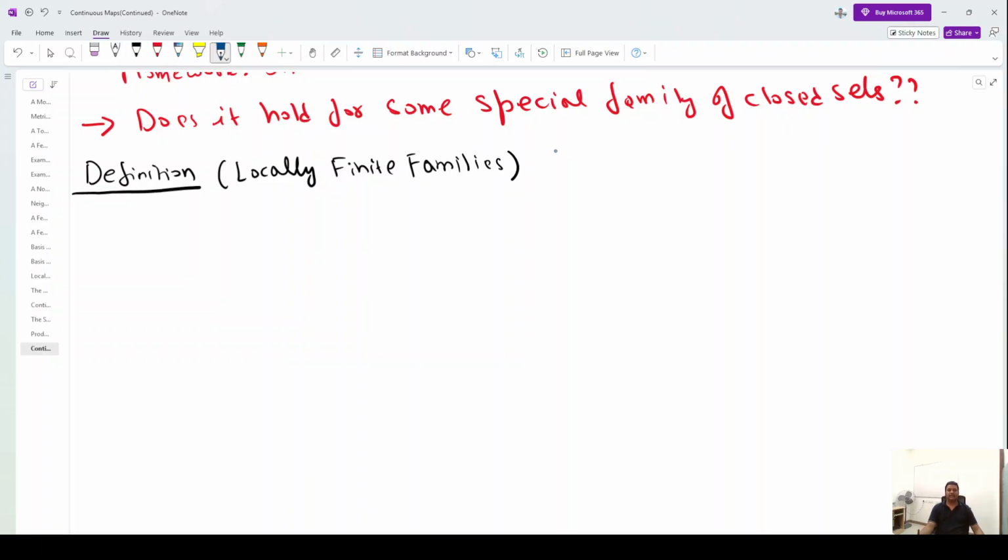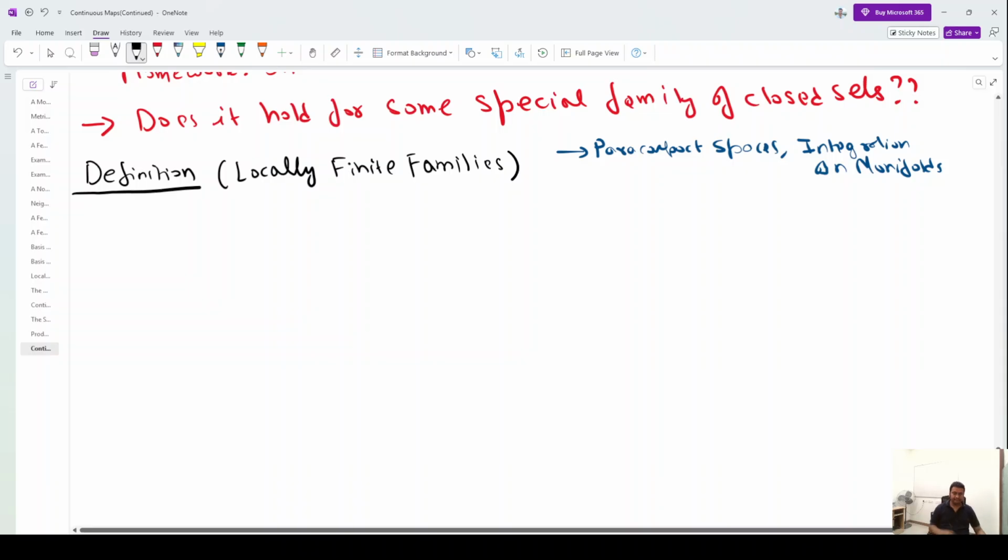One example I can give you is when you study something called paracompact spaces, or when you study integration on manifolds. So this is so important. So let us understand this definition properly.